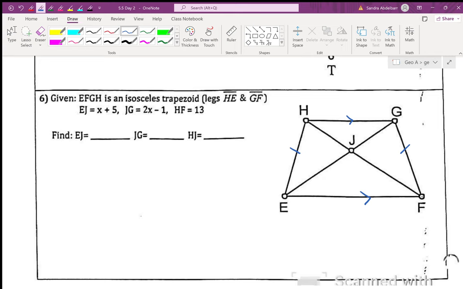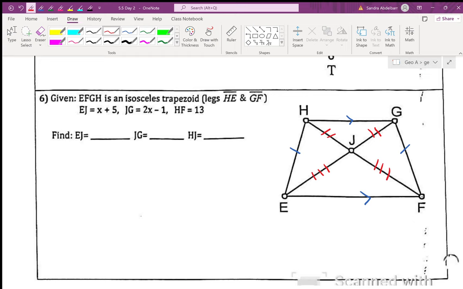Well, always what ends up happening in an isosceles trapezoid, the top two parts of the diagonals are congruent and the bottom two parts of the diagonals are congruent. You can use that only in algebra problems, not in proofs, because it's not really a property. It just always works out that way.